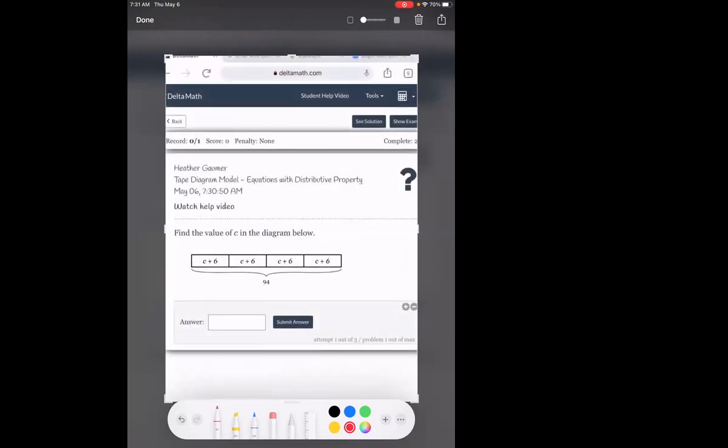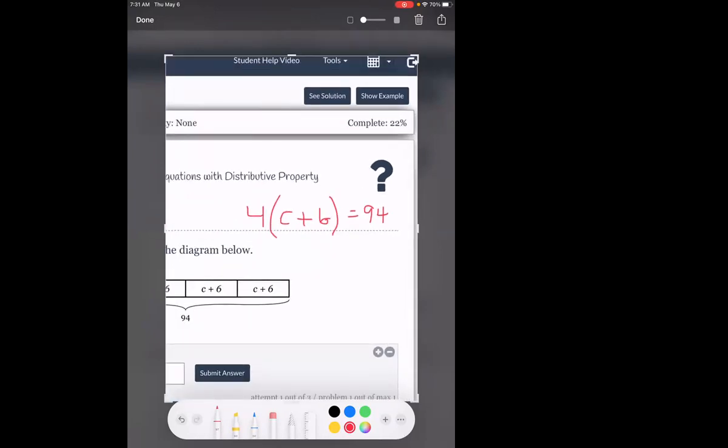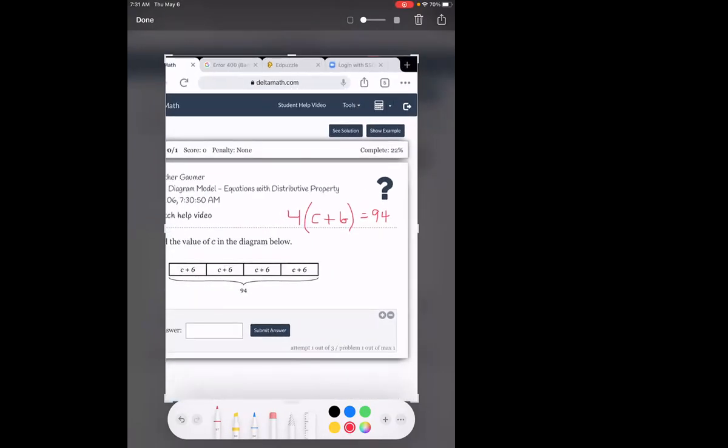It's kind of annoying that it's so small, but that's okay. We can do 4 times c plus 6 equals 94. Take a look at the diagram, take a look at my work.